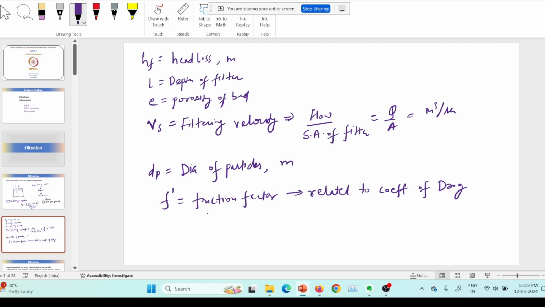And for laminar flow, its value will be F' = 150 (1 - E) divided by Re, plus 1.75.